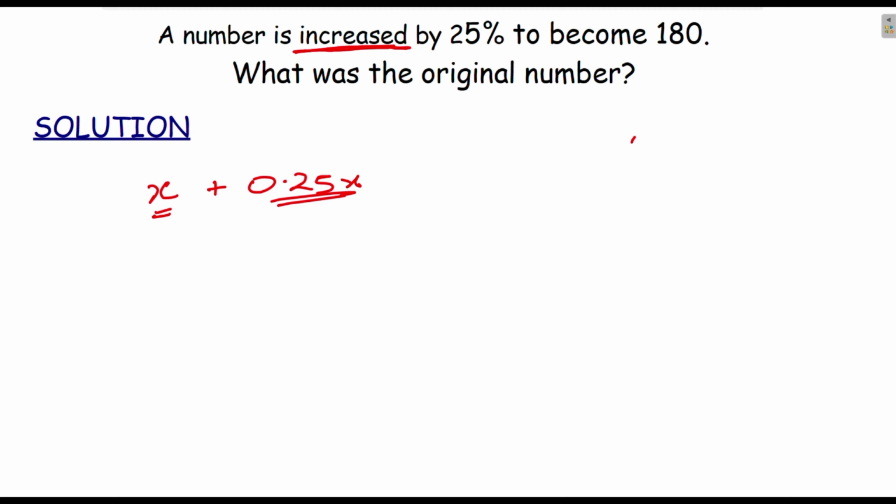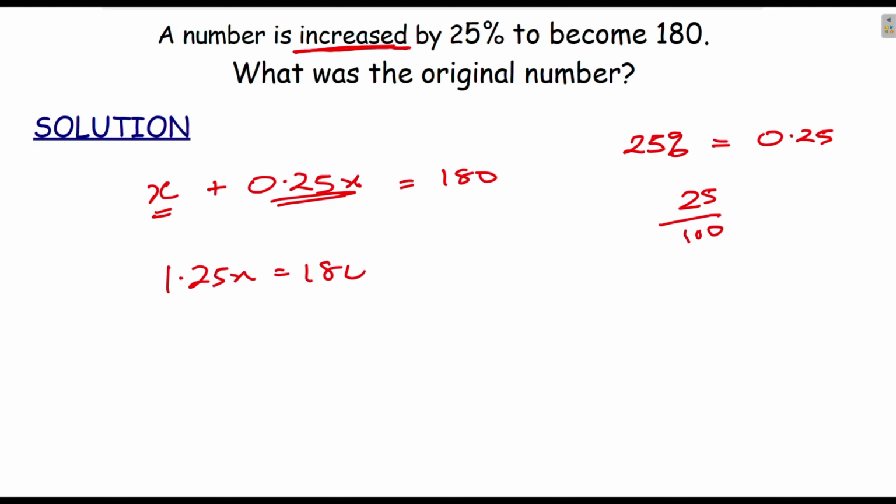Because 25% is simply 0.25, as in 25 over 100, just to be very explicit there. So it means we are simply adding 0.25x to x, and that gives us 180. So this is simply 1.25x equals 180. So x equals 180 divided by 1.25.